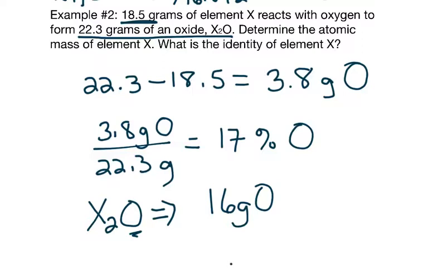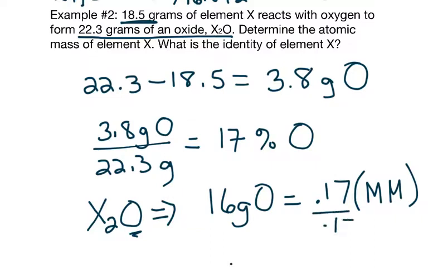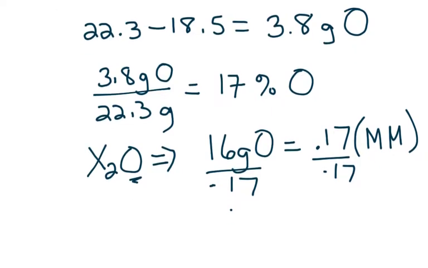So 16 grams is going to be from oxygen, which means that 17% of the molar mass of that compound is going to be equal to 16 grams. So if you divide like this, 16 divided by 0.17, that gives you about 94 grams, we'll say, which equals the molar mass.